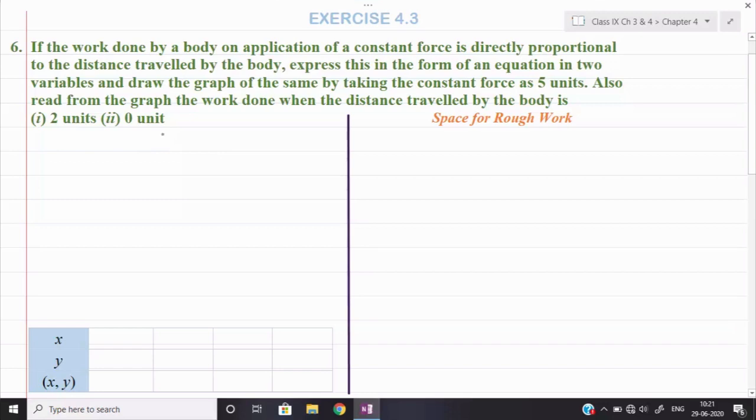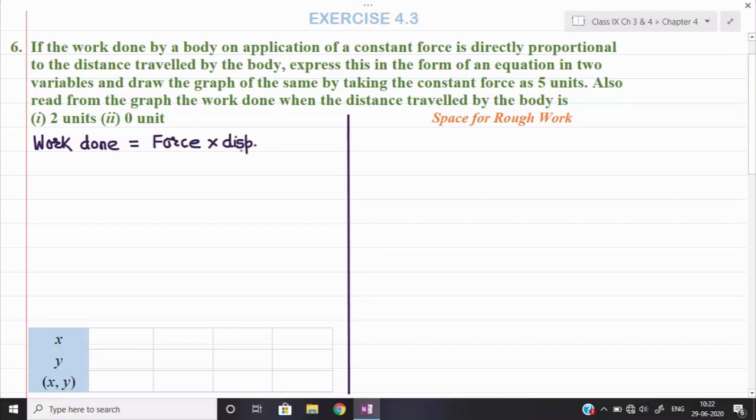I will tell you the formula of work done, which we normally use here. Work done is equal to force into displacement.